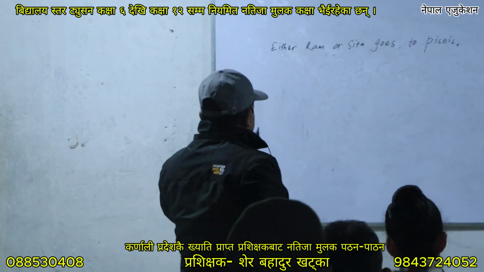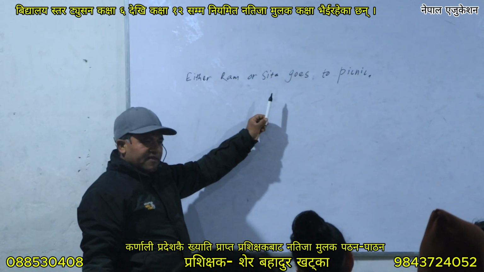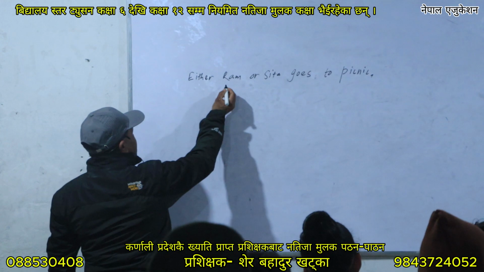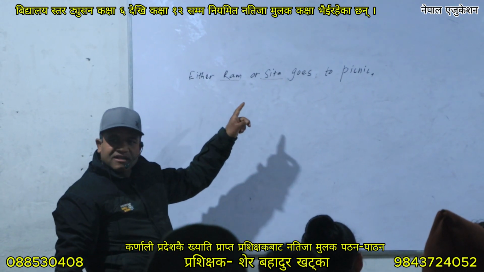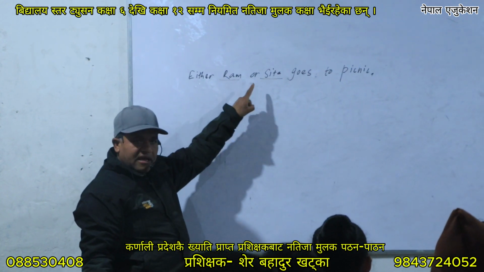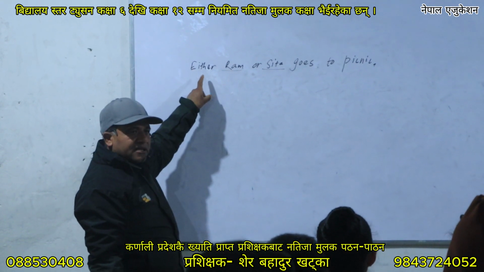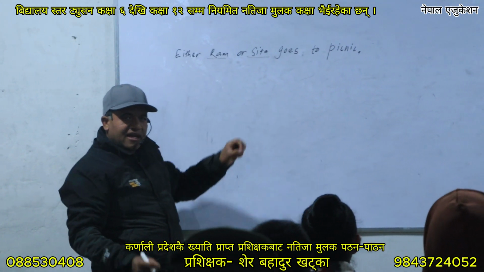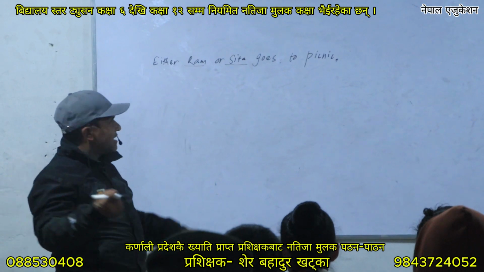For example, this either Ram or Sita. There are two subjects. There are two nouns. What are the nouns? Ram and Sita. And they are joined with what? Either or. And which subject is taken while making the question tag?